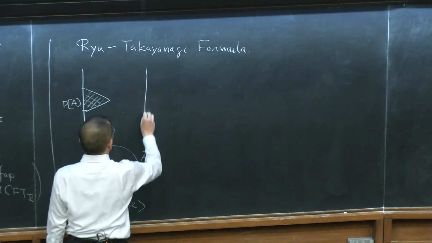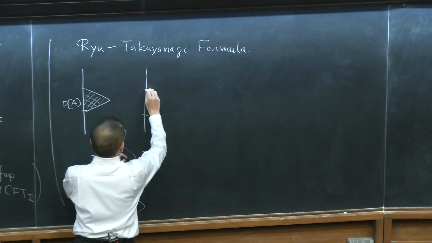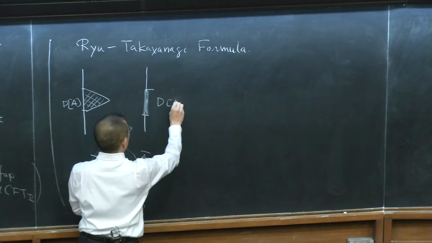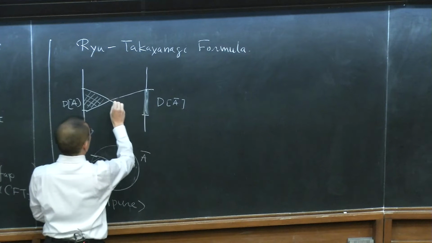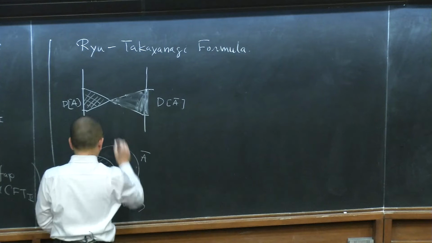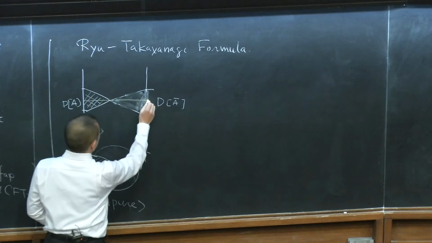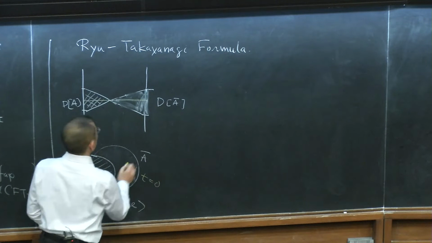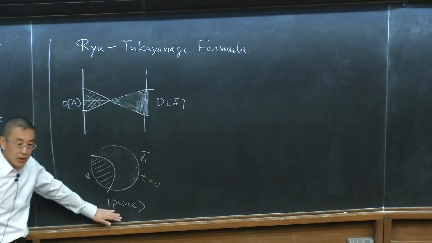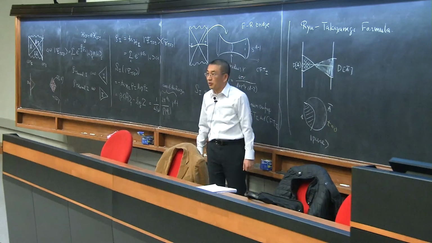So if I draw it on this side, then you have a causal domain of dependence D of A bar, and then they cover this side. So for the space-like section, say t equals 0, suppose this is the picture t equals 0, then the entire bulk geometry, this is any pure state in the code subspace, which is describable by smooth geometry.